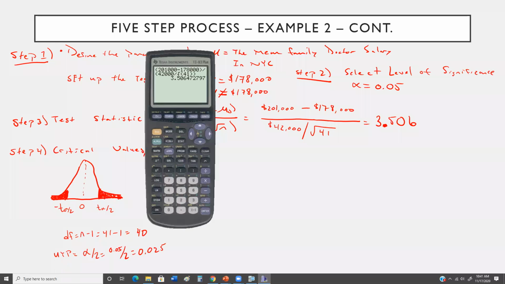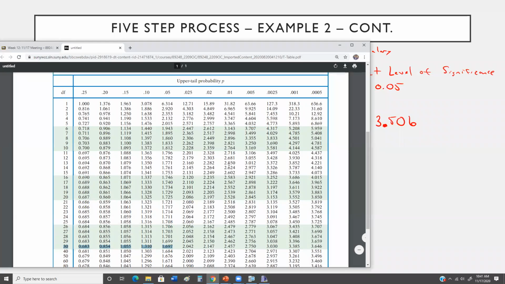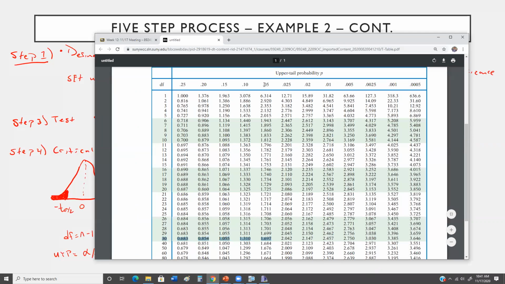So now when you go to the table, you're going to have to go to your upper tail probability. You're going to have to find 0.025, degrees of freedom 40. Do you all see 2.021? Yes.